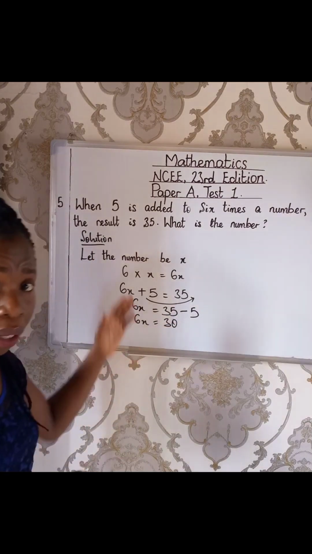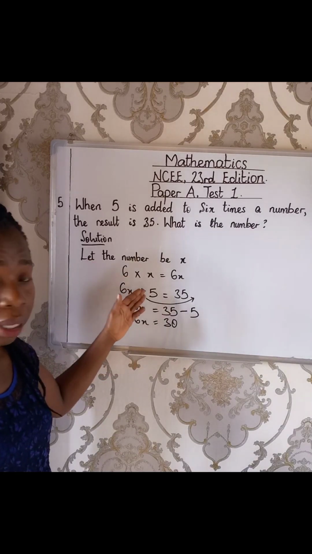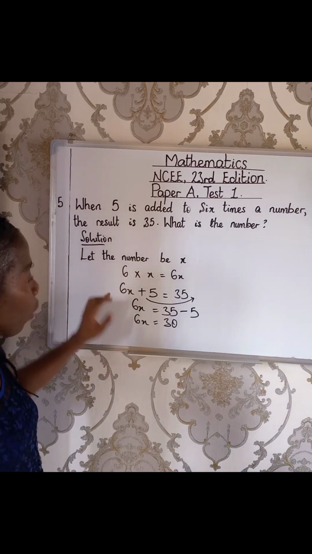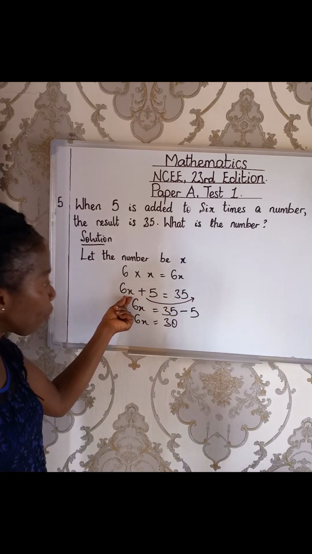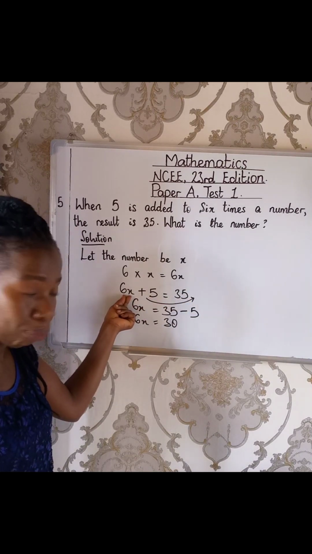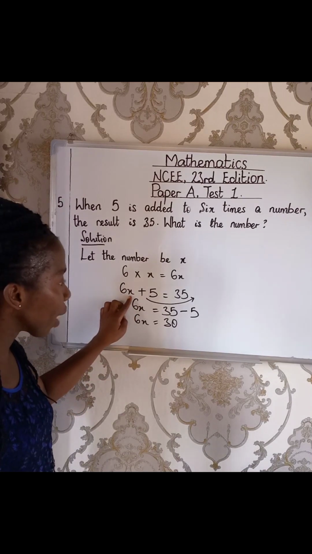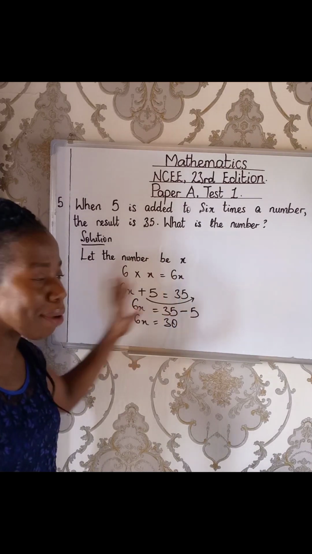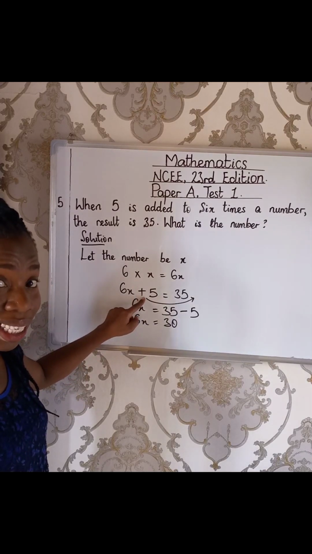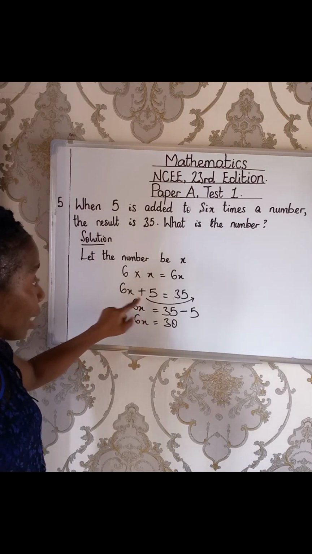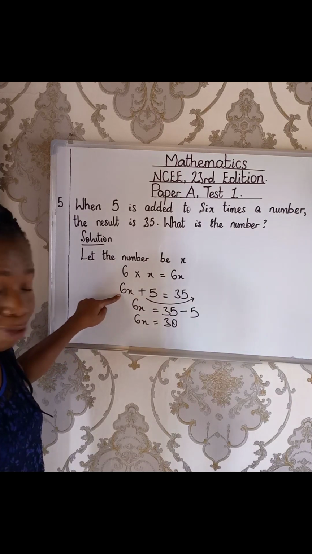I hope we are following. Or should I go back? Now let me start from here again. We have 6x plus 5 equals 35. Now we're looking for the value of x. For us to get the value of x, we have to eliminate everything around x. So we start with this because it's easier removing this before you remove 6.